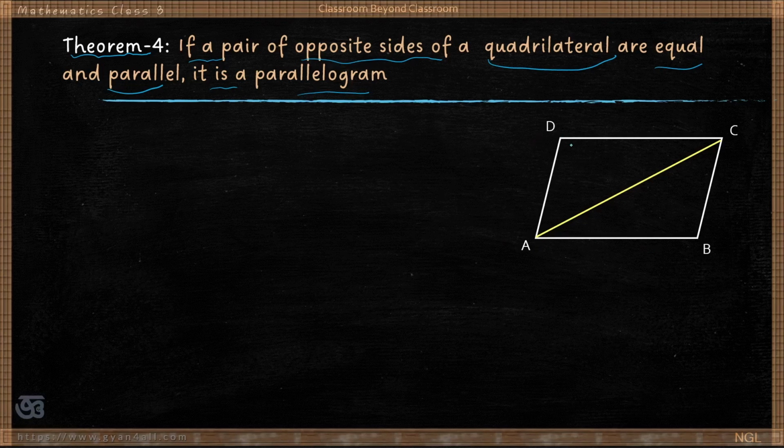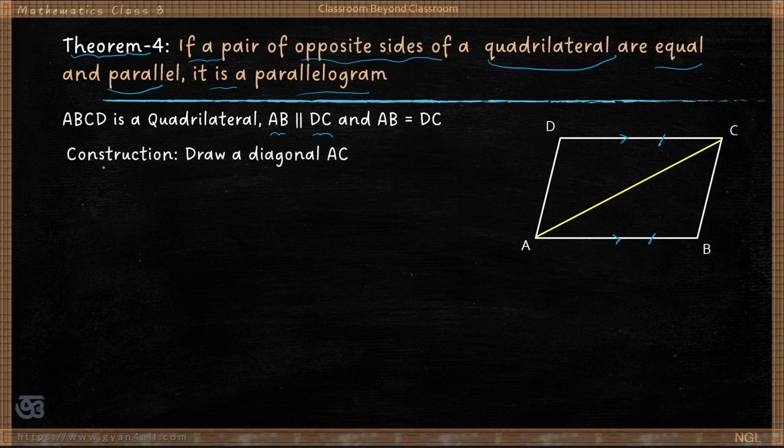ABCD is a quadrilateral. Remember, this is a quadrilateral. Given AB is parallel to DC, and also AB is equal to DC. So we draw a diagonal AC. So you can write construction: draw a diagonal AC.